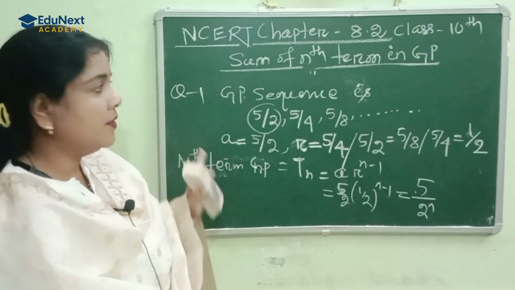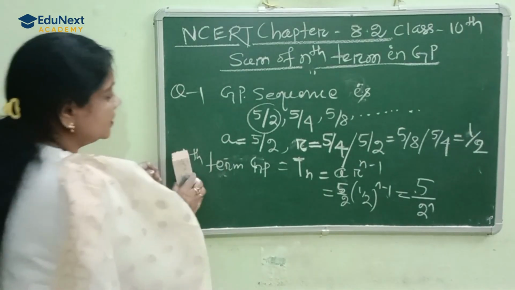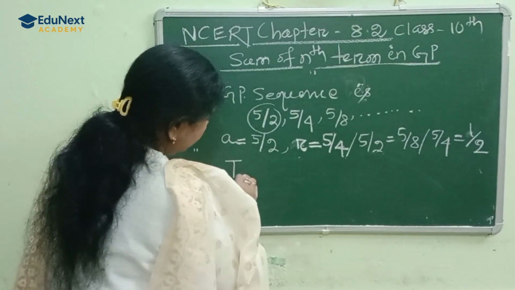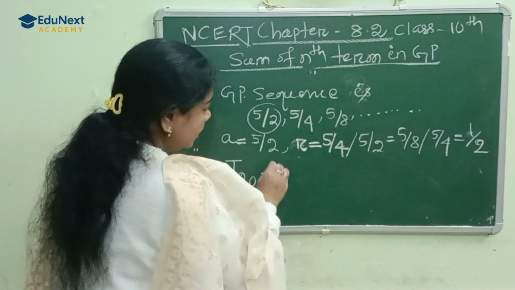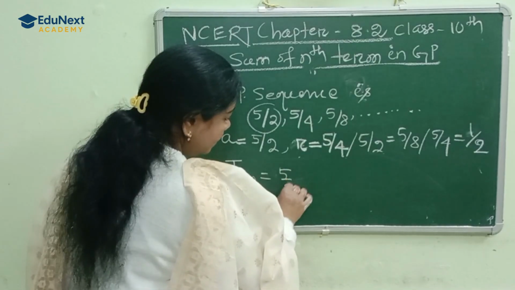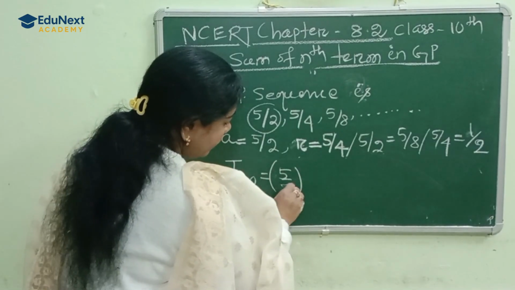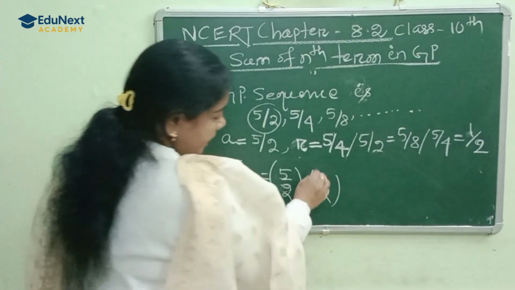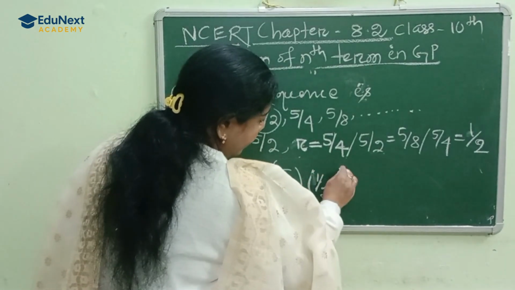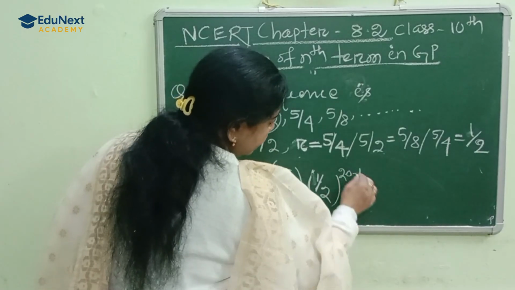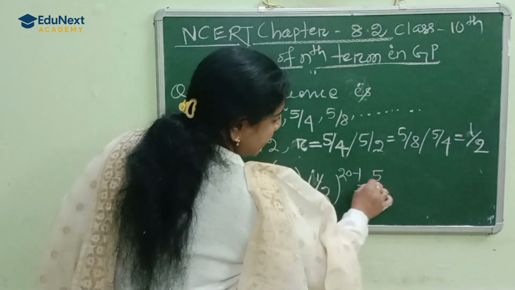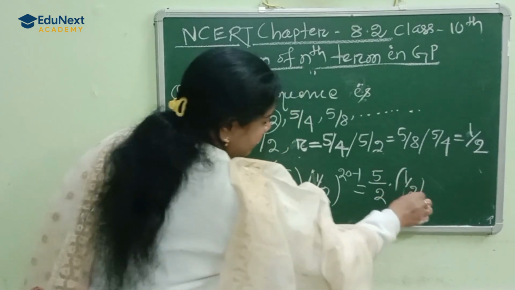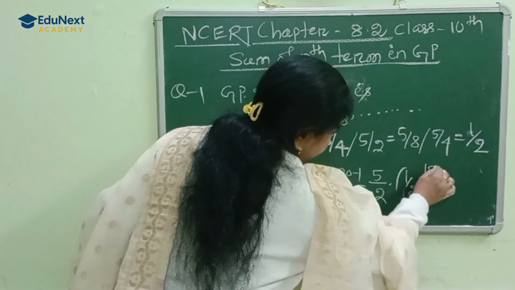Now let us find the 20th term. T20 is equal to A, that means 5 by 2, into R, which is 1 by 2 as I have already calculated, to the power 20 minus 1, that is 5 by 2 into 1 by 2 to the power 19.